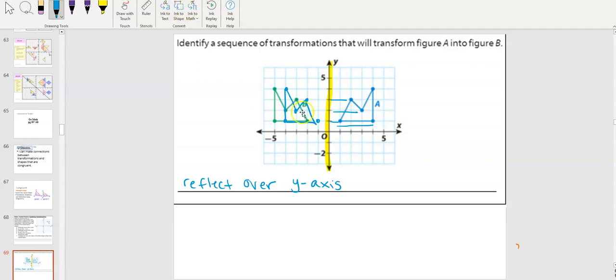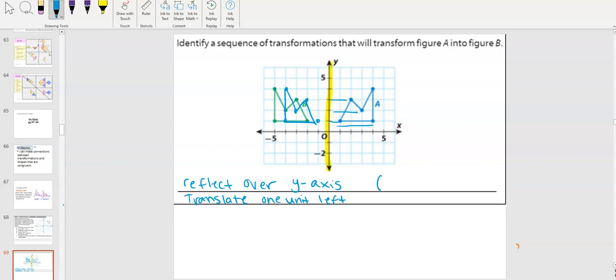But now as you can see, my new reflected shape still is not on top of my old shape. So I need to do something else. So what is a transformation that will push my shape to the left 1 spot? Hopefully you said translate, because now we are going to translate 1 unit left.